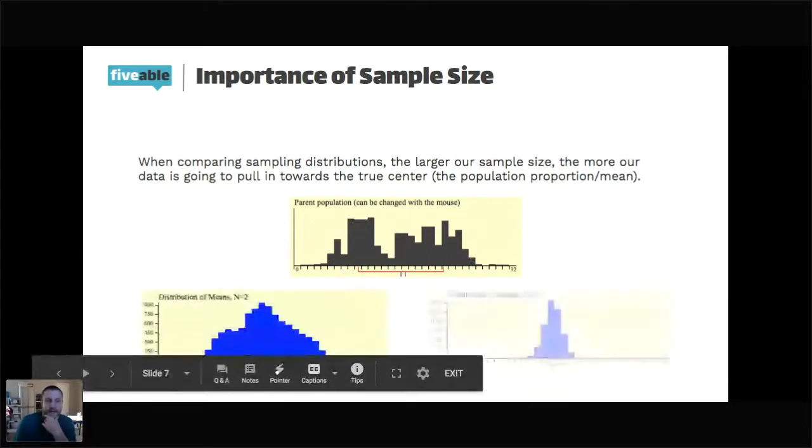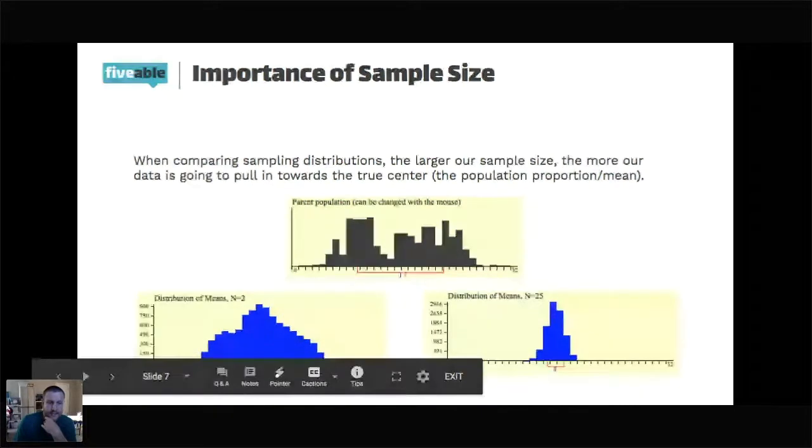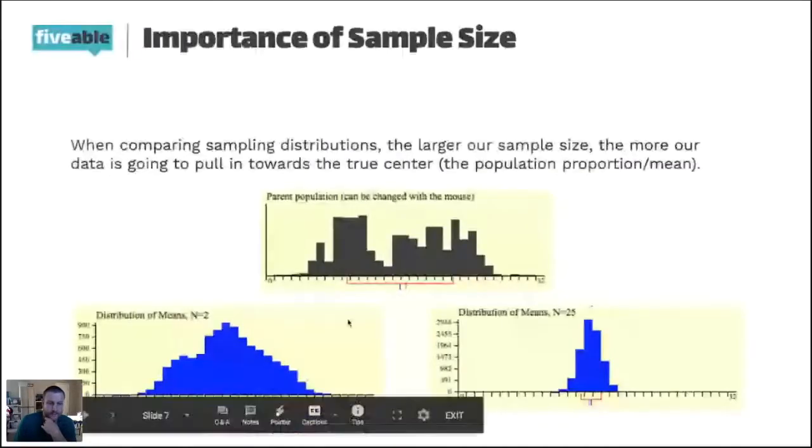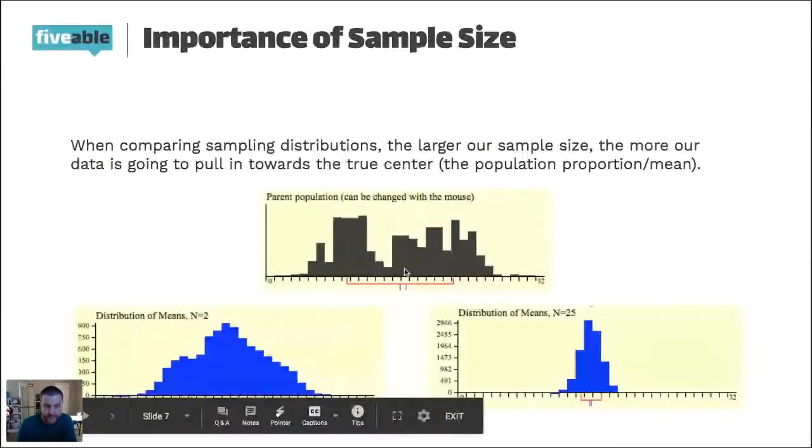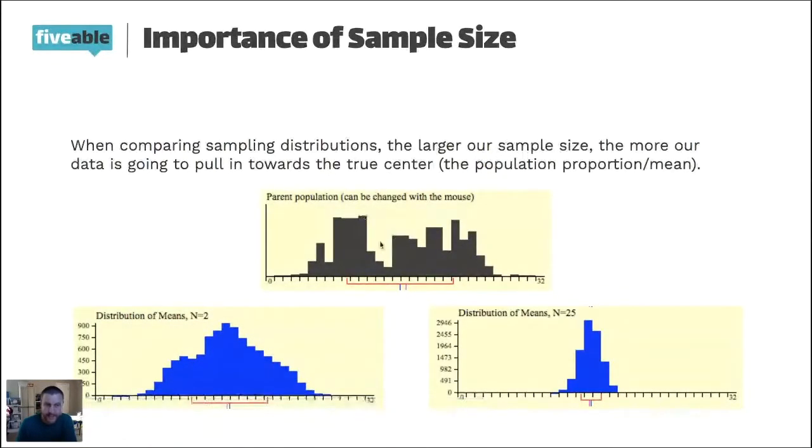And these are my two sampling distributions. So if I take a sampling distribution of n equals 2, from this population, I took every possible sample of size 2 and averaged those two to create these data points.